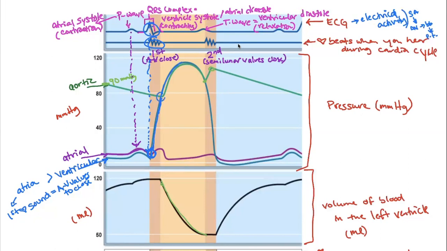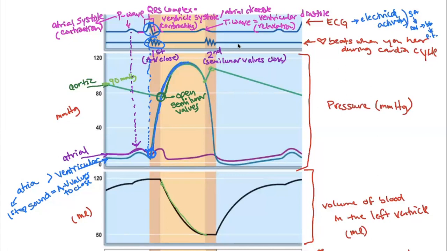And this is the point right here where these semilunar valves are going to open, because at this point, ventricular pressure exceeds aortic pressure, right? So aortic pressure is here, and ventricular pressure is now above it, and it forces open the semilunar valves. And at that point, you're going to see blood ejecting from the heart, right? So this is where blood gets to leave the heart.